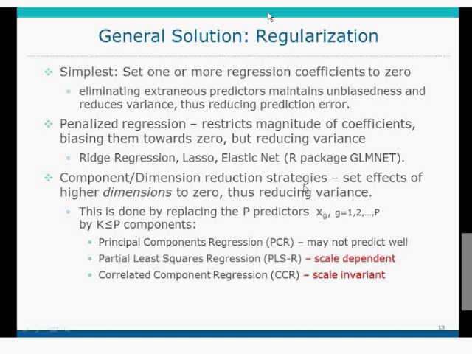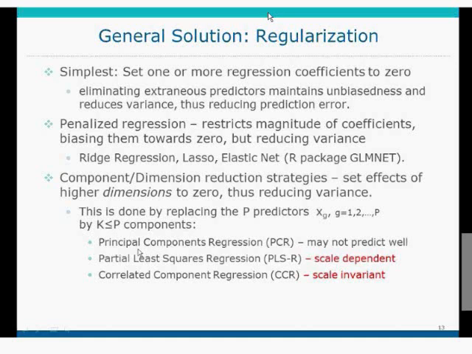Instead of setting some coefficients to zero or making some restrictions on the predictors, you look at the dimensions and set some higher dimensions to zero, thus reducing variance. In particular, it's done by replacing the P predictors, where P can be greater than N, by K components, where K is less than or equal to P.